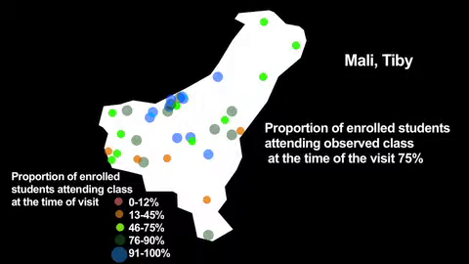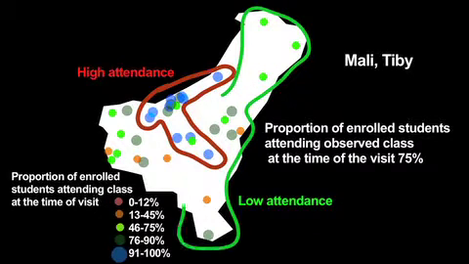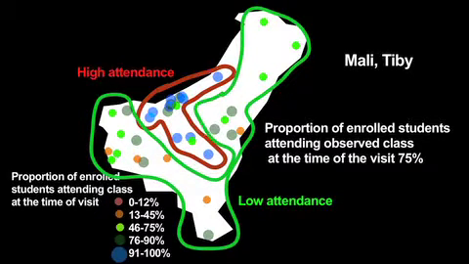So they show student attendance at the time of the visit, and you see that there is a red area and then there is a green area. The green area shows that the attendance in this particular area is weak. And very surprisingly, in the same cluster, the attendance of the schools in the red area is very strong. So there is a difference between the schools in the red area and the green area.